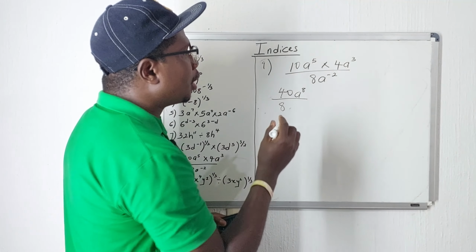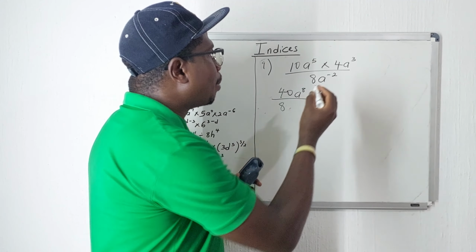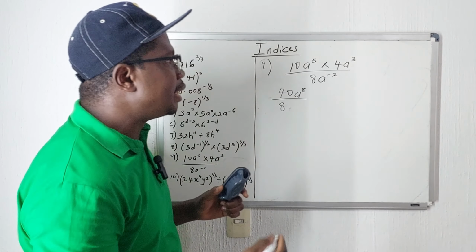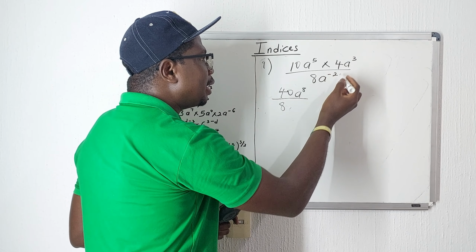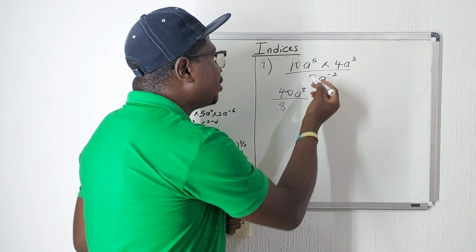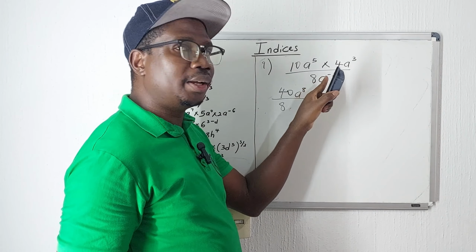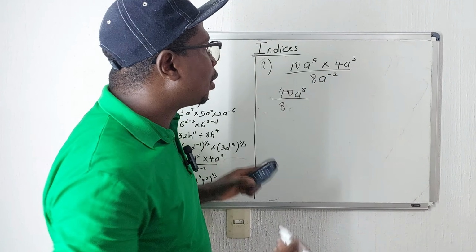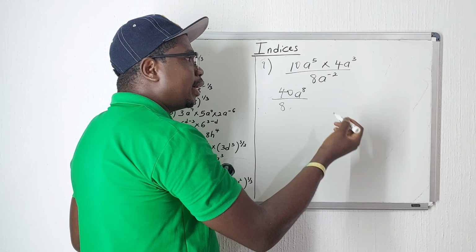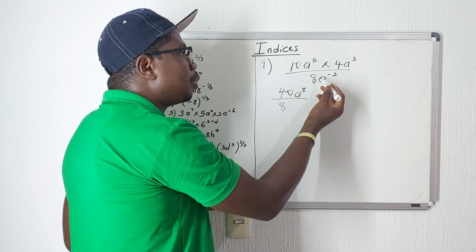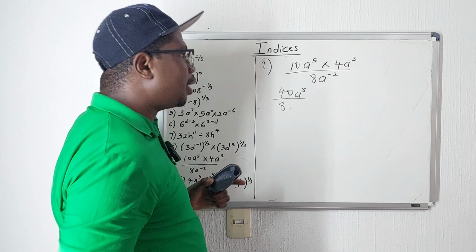Now, this negative index only affects the a. Assuming we have a bracket here, it's going to affect both the 8 and the variable, which is a. But now we don't have a bracket here. The negative index only concerns the a.